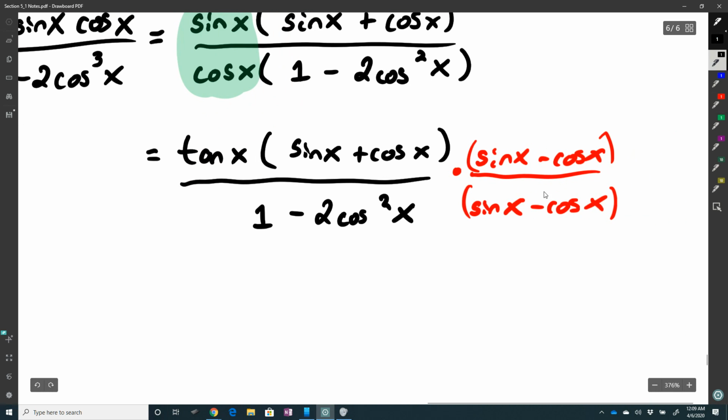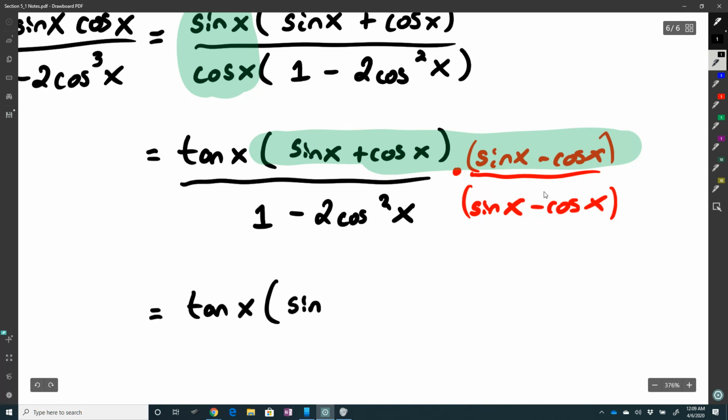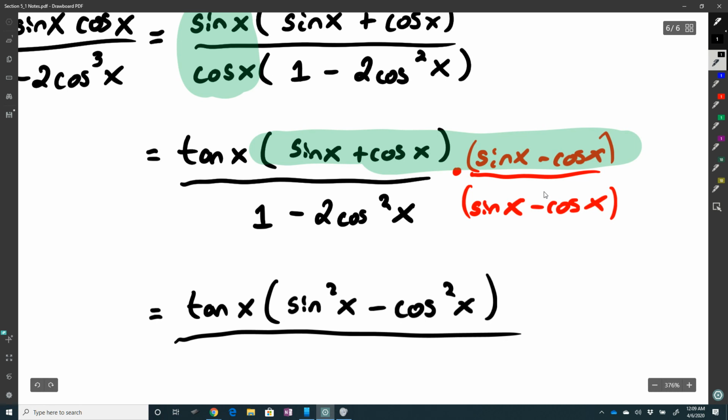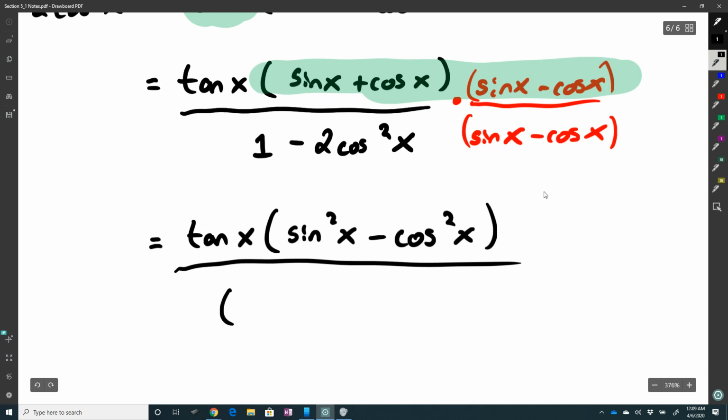Now I rewrite everything. Tangent of x. I can multiply these two now because those are conjugates, and so that's going to be sine squared x minus cosine squared x. On the bottom, I'm going to leave that alone. I have 1 minus 2 cosine squared x, times sine x minus cosine x.